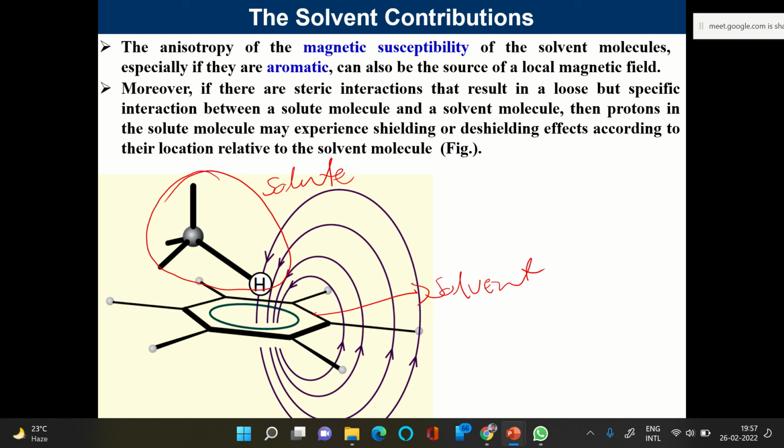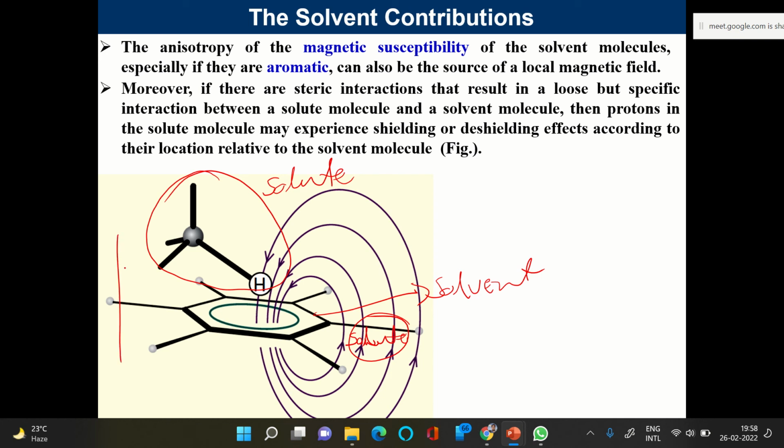If it comes in the plane of the ring, in the molecular plane of benzene, then it will be de-shielded over here. If the solute is here with hydrogen, it will be de-shielded. But if the solute is present over here as shown in the picture, the H will be shielded.